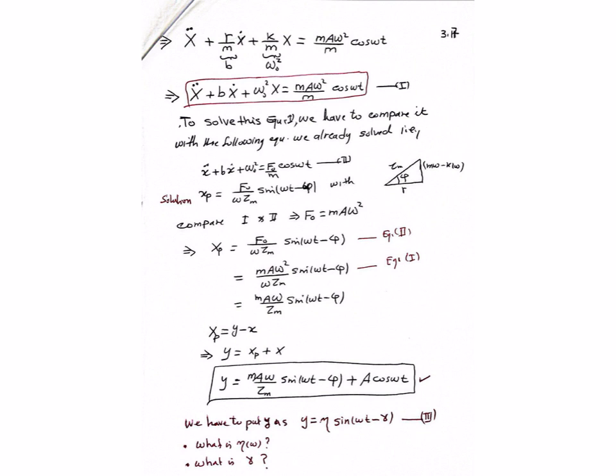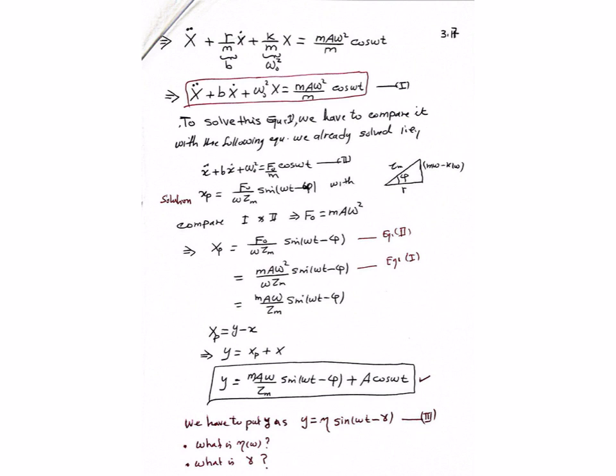X capital double dot plus b X dot, where b is r over m, plus omega 0 squared X capital, where omega 0 squared is k over m. In the book it's s over m. It is equal to m a omega squared over m cosine omega t. Now to solve this differential equation, it's a second order differential equation which has an inhomogeneous part.